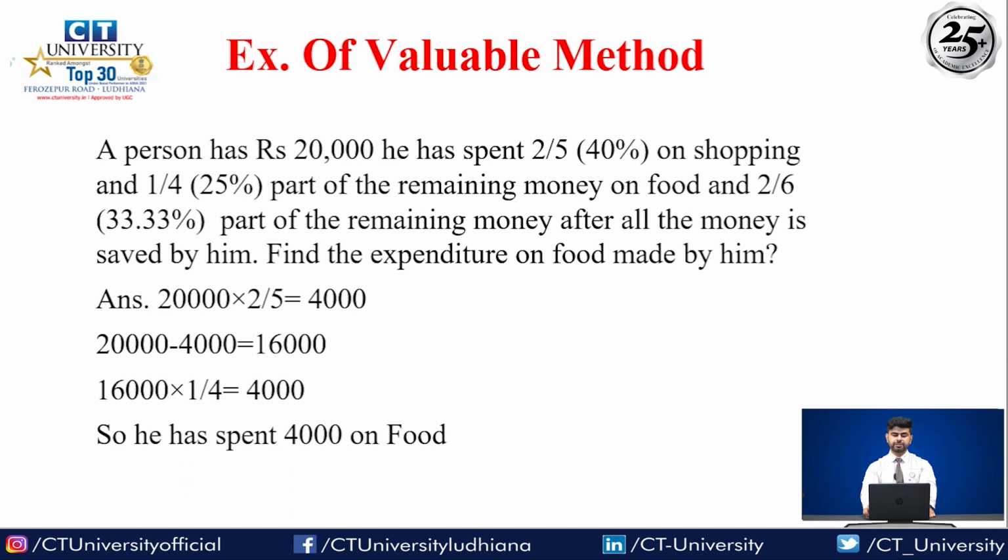After that, 20,000 minus 4,000 is 16,000. 16,000 is the amount he has left. 16,000 times 1 over 4 is 4,000. So he has spent 4,000 on food rather than on the other things.